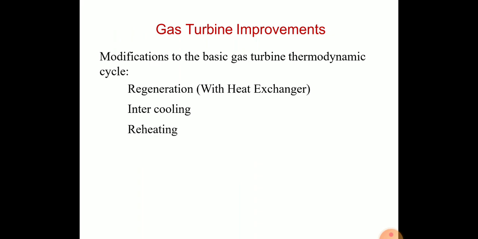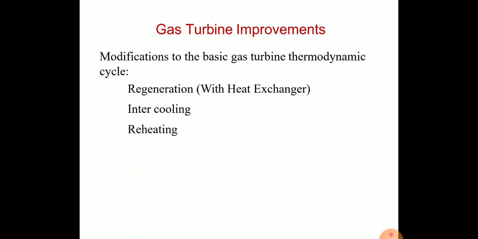So it can be reduced by compressing the air in two stages. Two stages means we are using two compressors in this process, with an intercooler between the two, which increases the efficiency of the gas turbine.